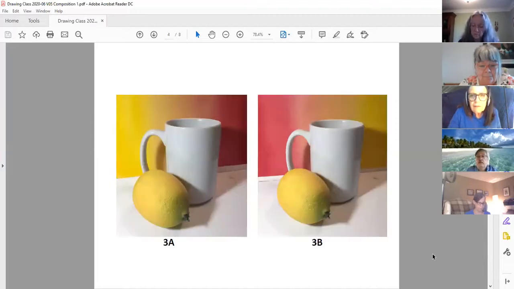Number 3, we're going to go to Heather. Heather, would you like to tell us which of 3A or 3B you prefer? And you need to unmute yourself first. I like 3B better because I thought that it seemed like it was better centered.